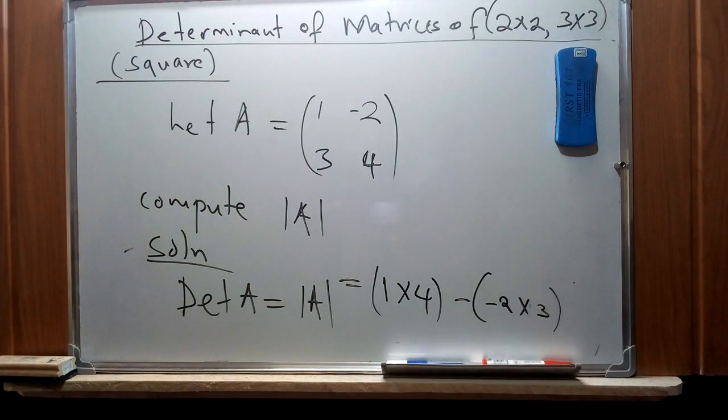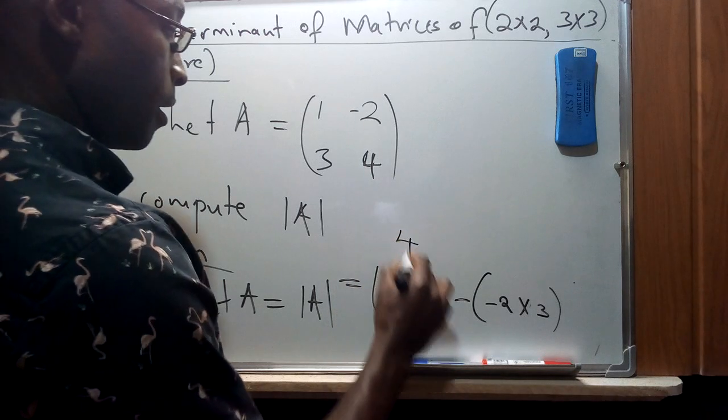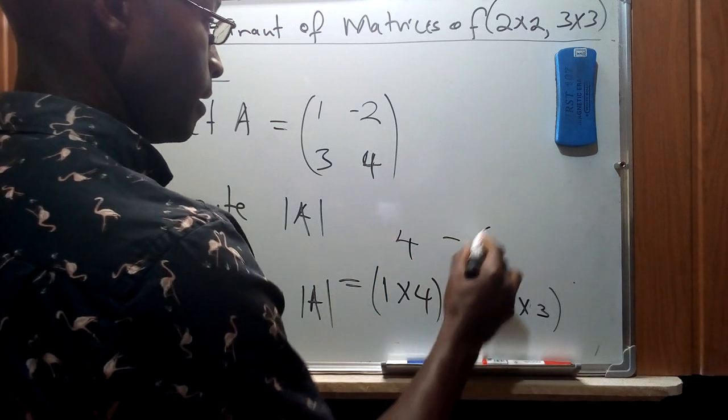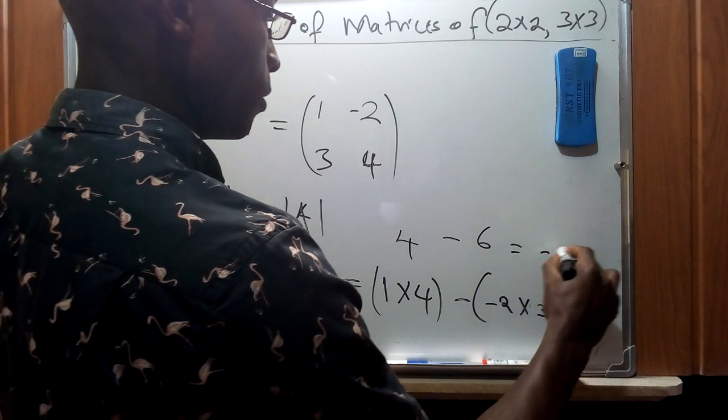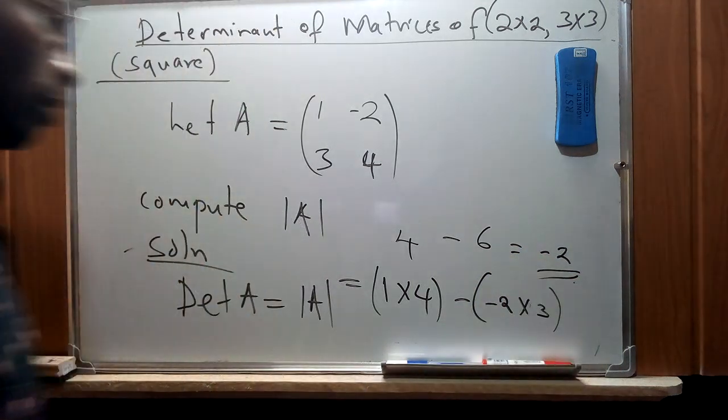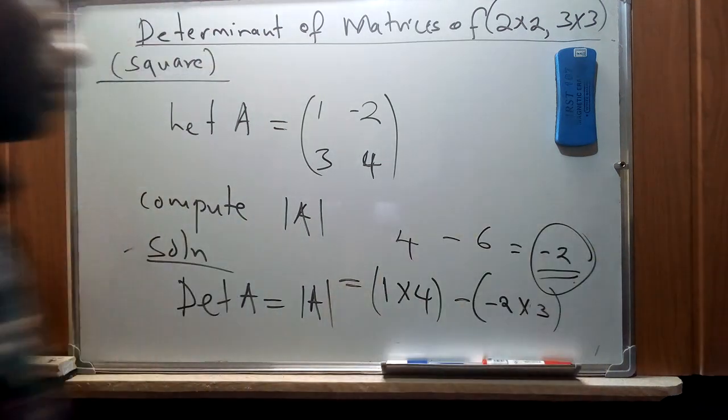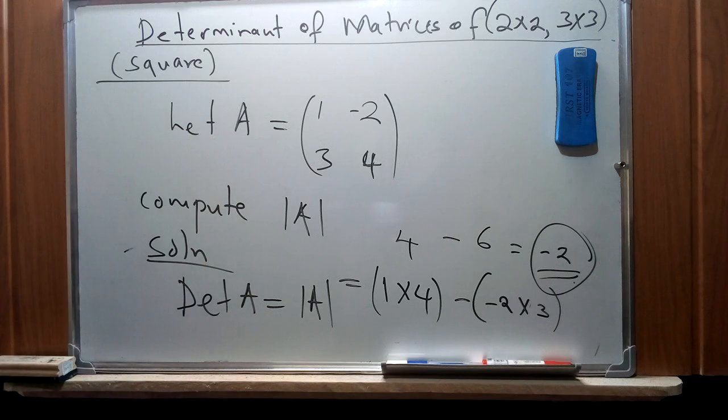That gives us a scalar quantity, 4 minus 6, which is minus 2.